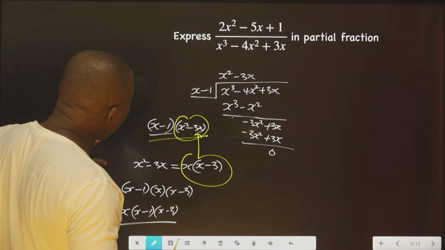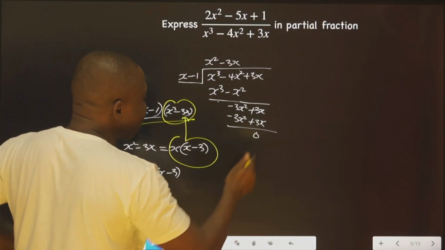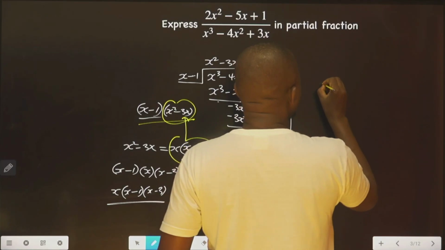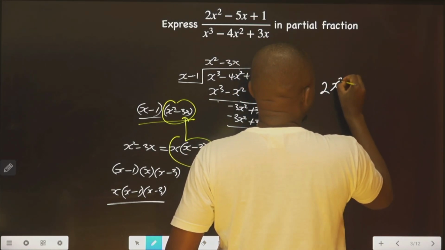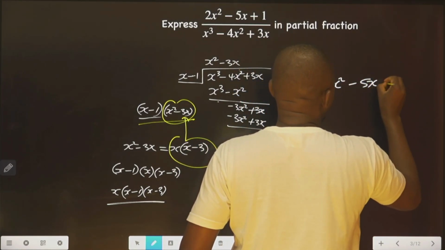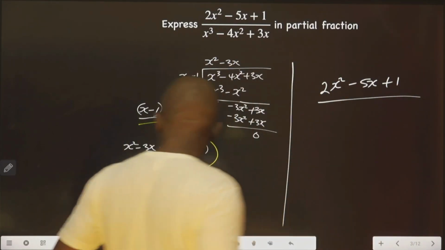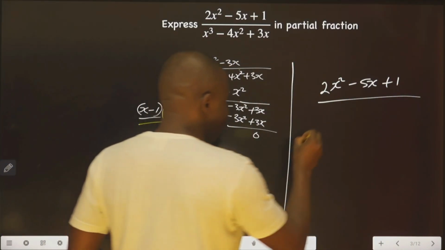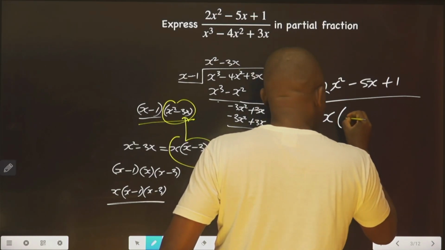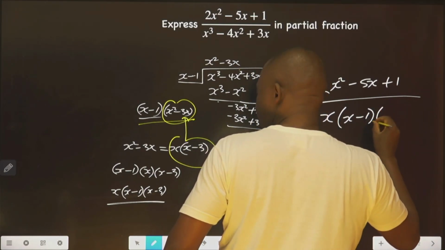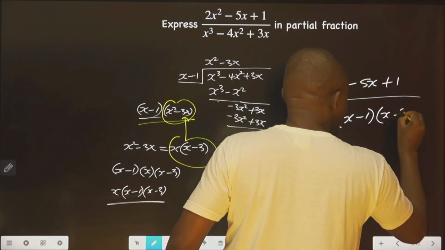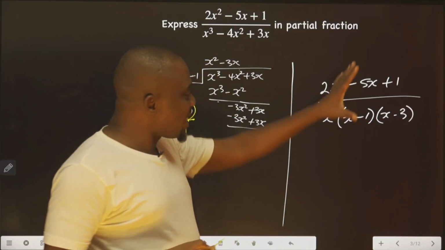Okay? So therefore, we can boldly say this guy, which is 2s raised to the power 2 minus 5s plus 1 over this, that is s, s minus 1, s minus 3. So this is the one now.